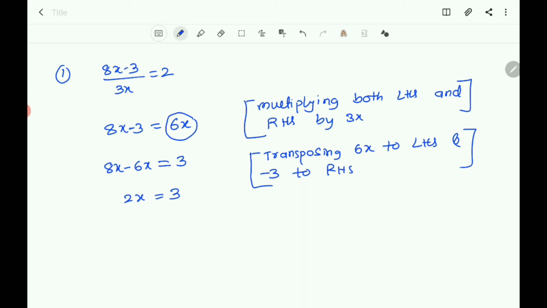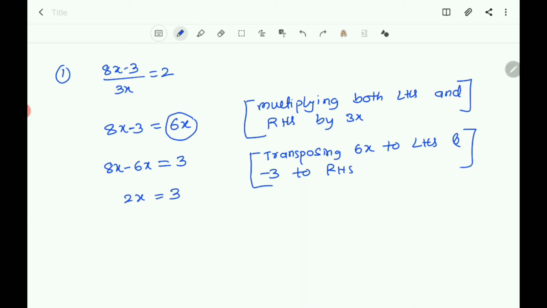Again here we have to cancel 2x, that is nothing but transferring 2 to RHS, that becomes x equals 3 by 2. Means we have to divide both LHS and RHS by 2.